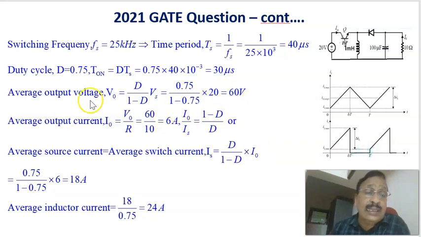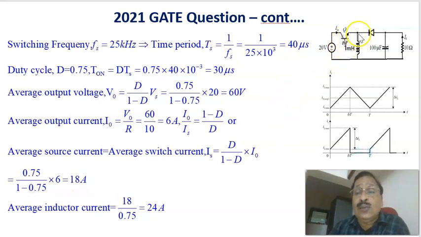I0 we calculated here: I0 is equal to 6 amperes. Substituting that, we get 0.75 divided by (1 minus 0.75) into 6, or 18 amperes. This is the average current through the switch.